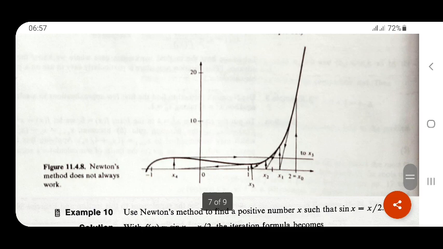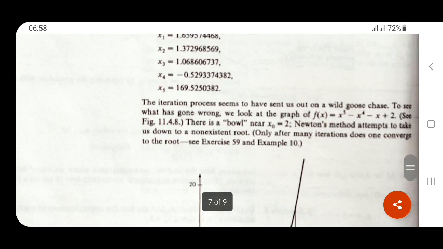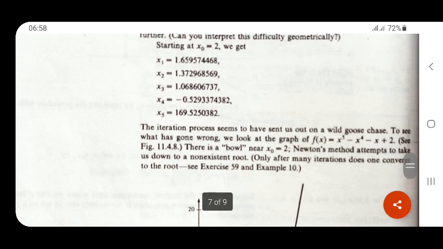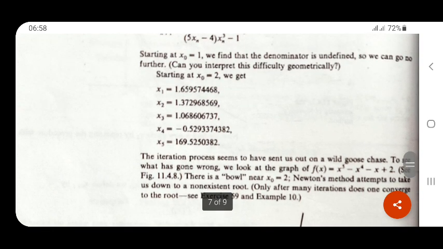You can see that as we move ahead through the positive real axis, the function increases and goes to infinity. That means x5 gives f of x5 itself as 169 point something, and f of x5 is even higher than that. So if I start with x naught equal to 2, I will end up nowhere.